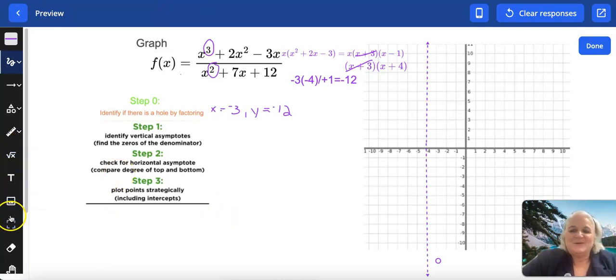Okay, so I am going to take this top part and divide by the bottom part in long division.